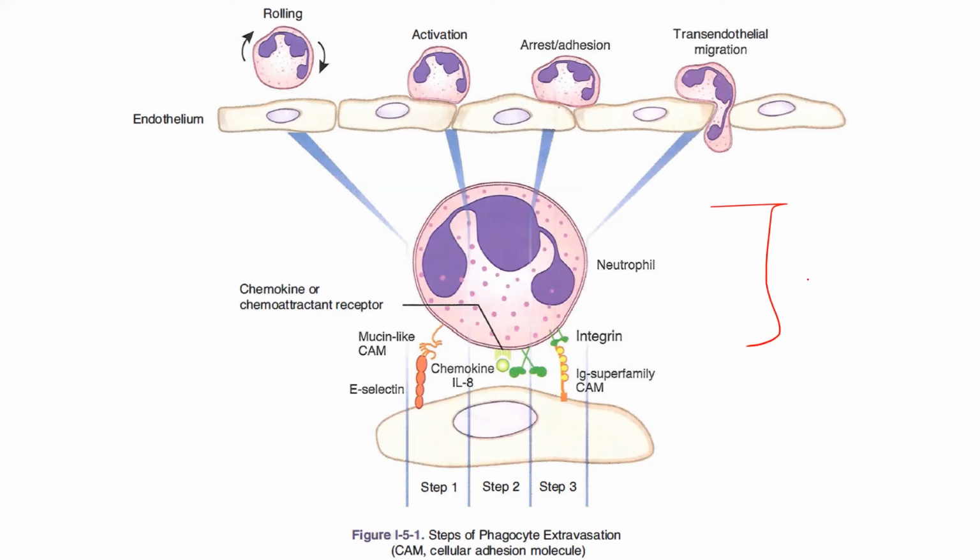You get a cut, and the neutrophils go through the blood, roll, adhere, undergo transendothelial migration, and now they're in the tissue and they can respond to the bacteria in that cut.